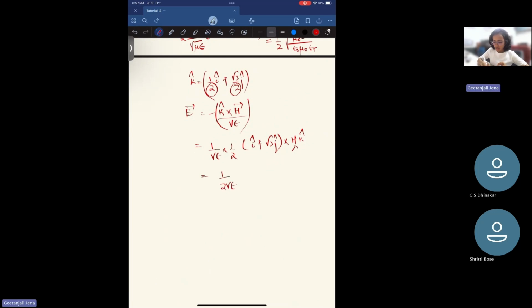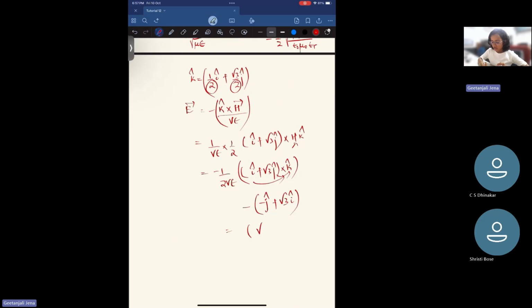1 by 2 V epsilon, I k plus root 3 jk cross k. So I k will give minus j, plus root 3 jk will give I k. The minus sign will be in the whole part. So you will get root 3 I k. Sorry, jk minus root 3 I k.